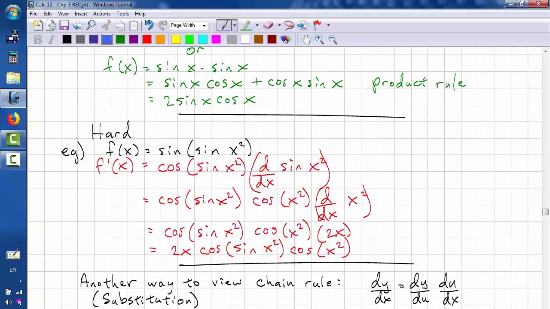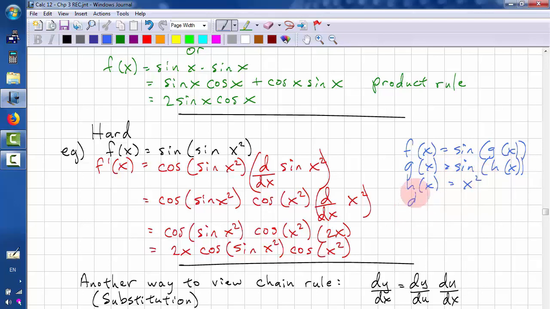And if you wanted to view this in Leibniz notation, we have f of x equals sine g of x. G of x equals sine h of x. And h of x equals x squared.